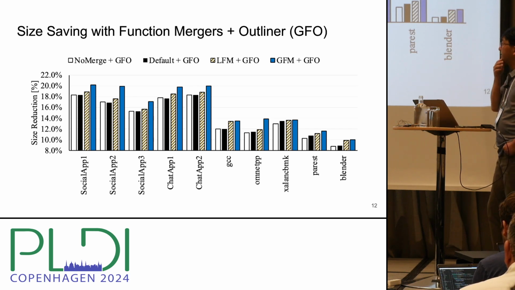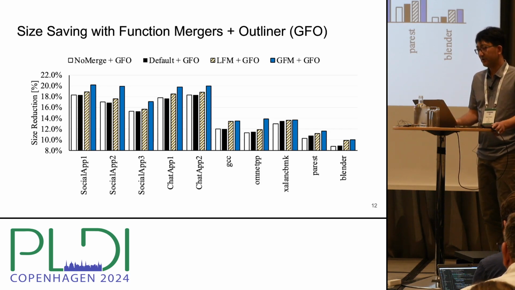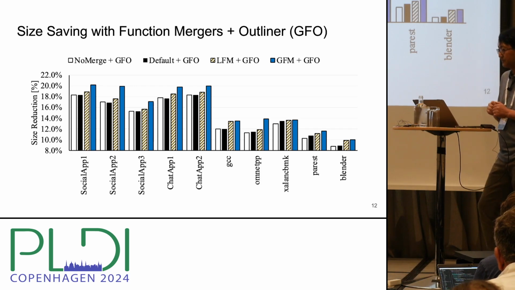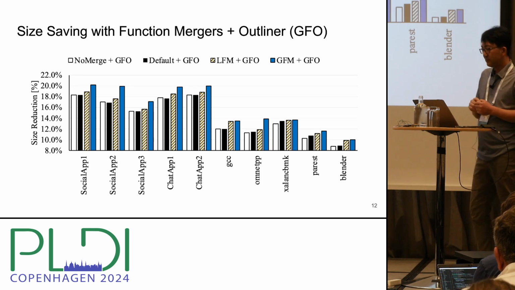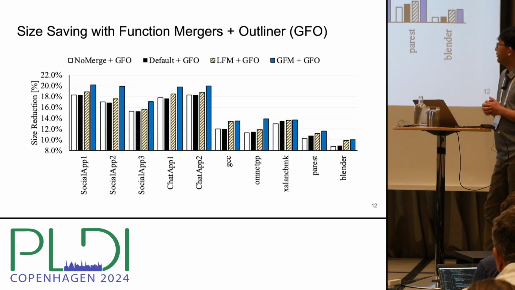In contrast, the built-in default function merger or the LFM, which is the local function merger adapted from Swift function merger, results in only marginal size impact. However, our global function merger significantly improves the size, around 3.5% in addition.